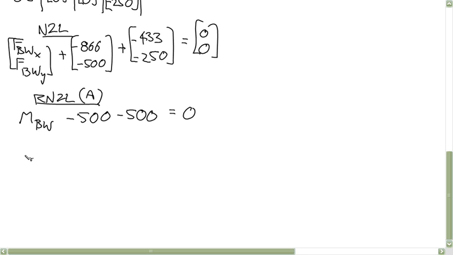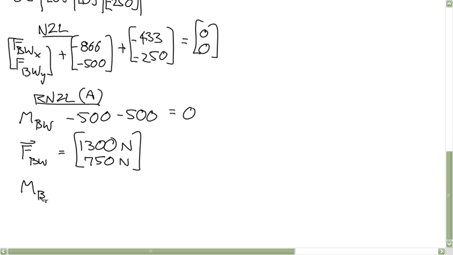So we get the force vector FBW is equal to positive 1300, positive 750, and the value of that couple, the moment produced by that couple, MBW, is equal to 1,000 Newton meters.